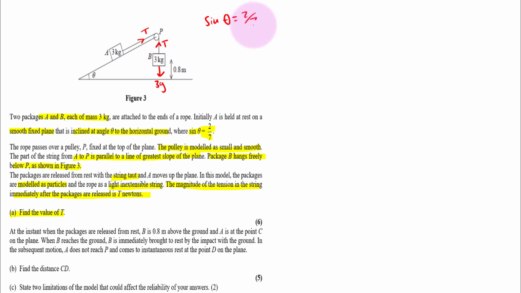Let's just do this out of habit: opposite over hypotenuse, like so. And using Pythagoras, we could work this out, but let's see if we need to use cos theta and tan theta, because we might not need it yet. But we can work this out using Pythagoras, this length, and work out the exact values of cos theta and tan theta.